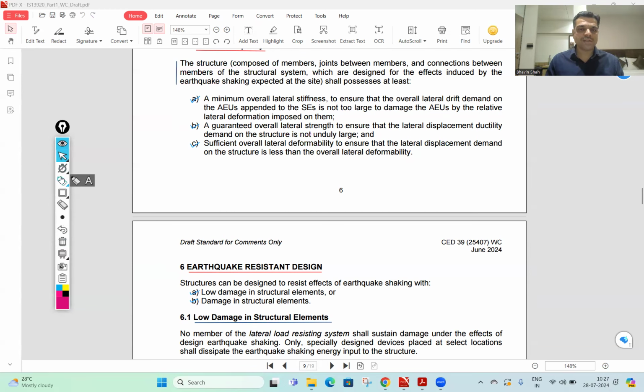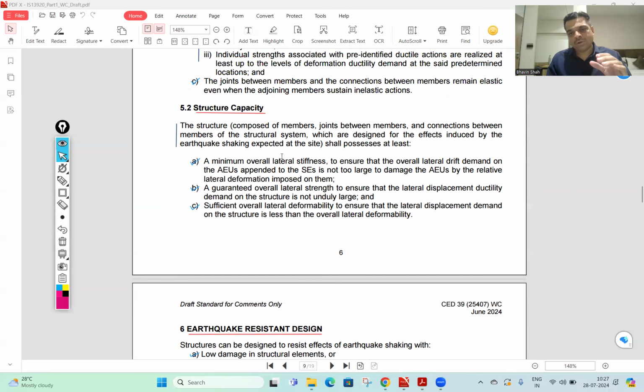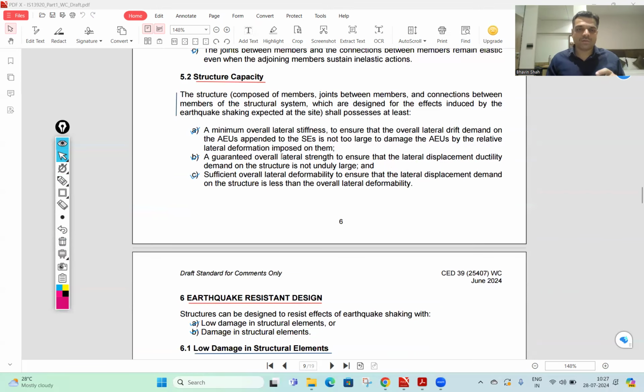Here also it says a guaranteed overall lateral strength to ensure that the lateral displacement ductility demand on the structure is not unduly large. So here a few statements are made as a general statement. So again, I have the same point that I think one more paragraph could be added, that the specific requirements will be mentioned in the relevant part, which is let's say part number 2 to part 11.